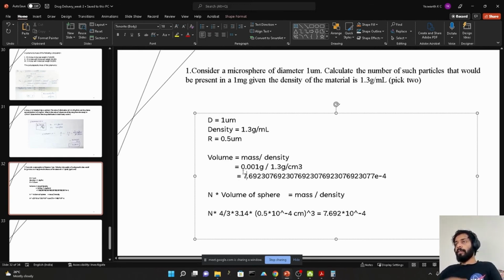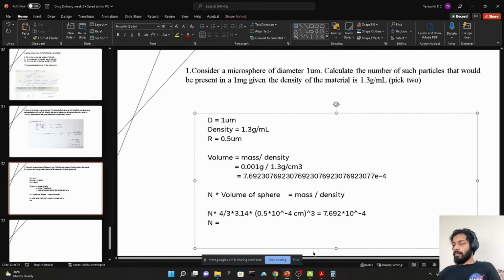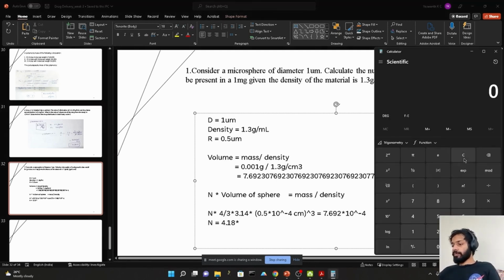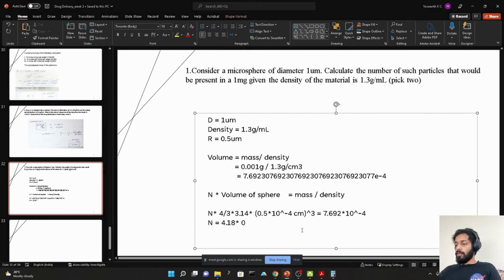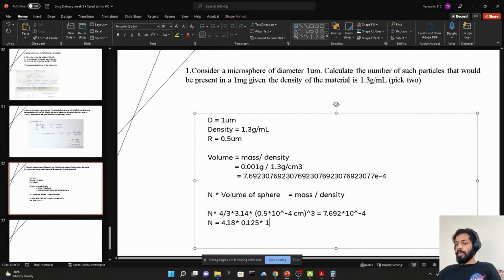Now N is equal to, I'll have to open the calculator. 4 by 3 into 3.14 into 0.5 cube, into 10 to the power of minus 12.